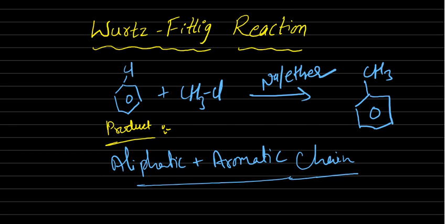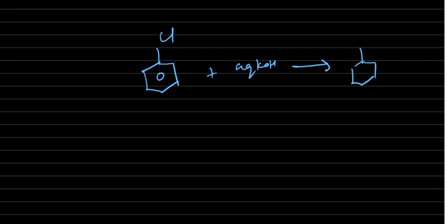These are the Wurtz, Fittig, and Wurtz-Fittig reactions, right? And the advantage is here. Generally, aromatic halide bond breakage is very difficult. Suppose you take benzene and aqueous KOH for formation of phenol, the bond cleavage is very difficult.